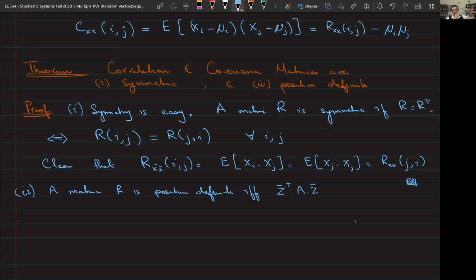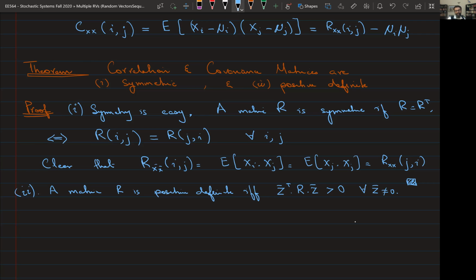Then multiplying the matrix and then by z, you get a scalar. This scalar must be greater than 0 for any z that you choose which is not equal to 0, because it equals 0 for the zero vector. Apart from that, for any other non-zero z, this product will always be greater than 0 if the matrix is positive definite.